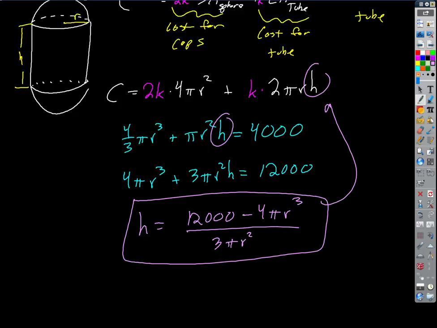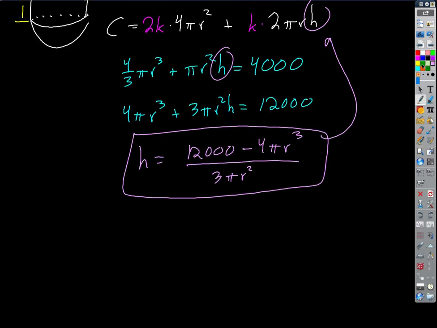We'll have a cost as a function of a single variable. So that looks like cost equals this term. We could just make that 8k pi r cubed plus 2k pi r times all of that, times h, right?